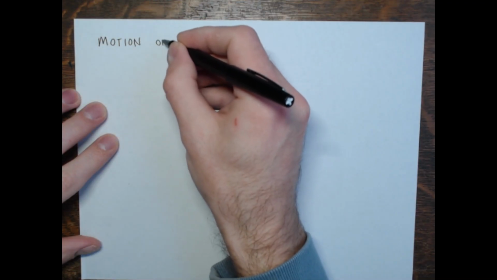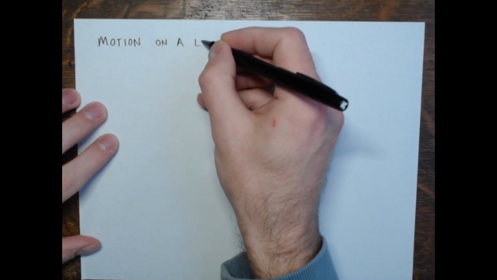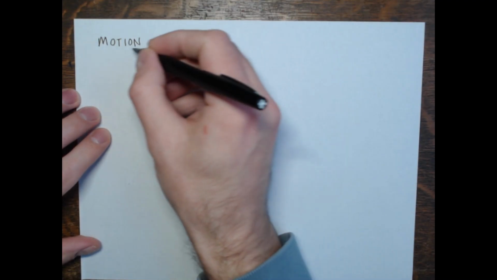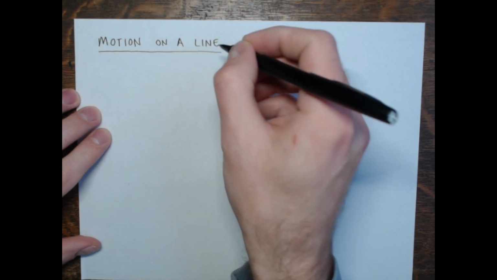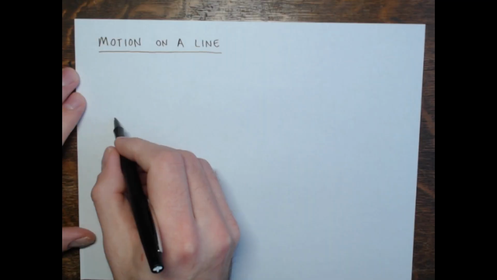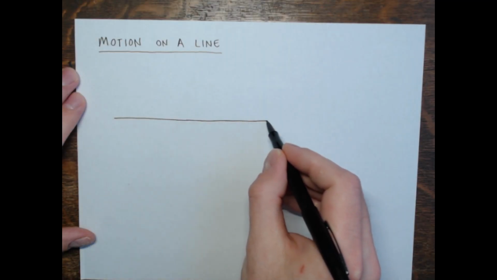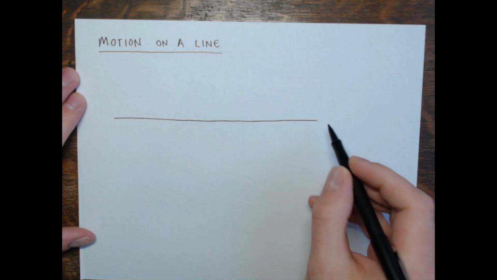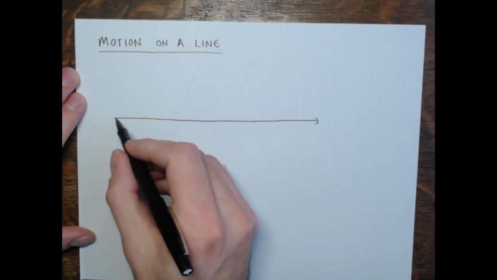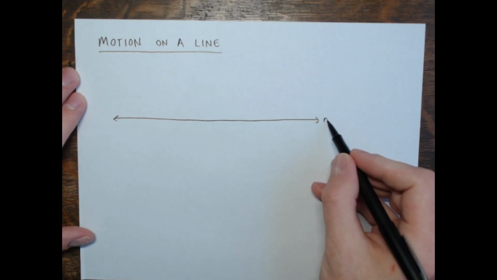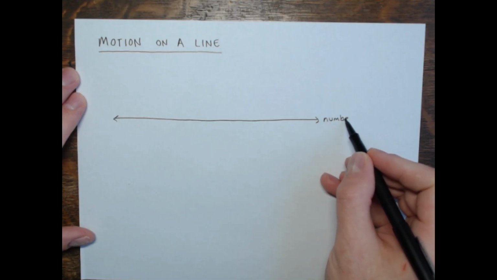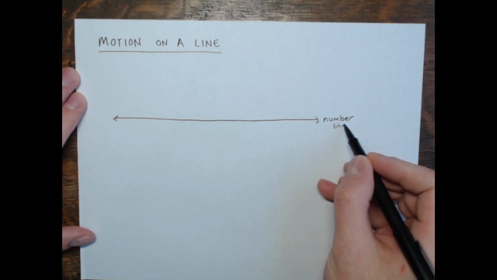So motion on a line. Imagine I have a number line, or I'll just draw one here. I guess you don't have to imagine it, I'm drawing it. So here's this number line. Could be horizontal, could be vertical.